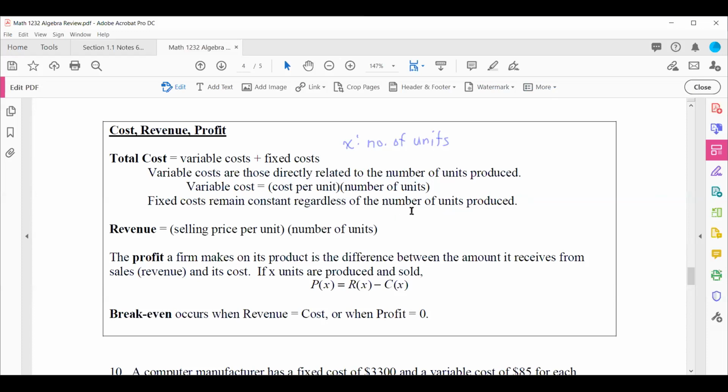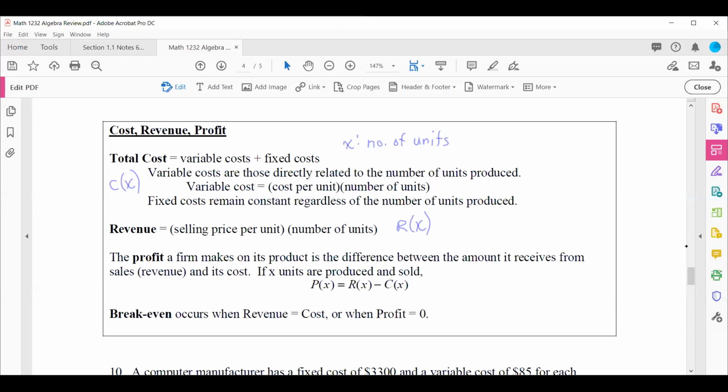That's the selling price per unit times the number of units. And then the profit, let me back up. We refer to the cost function as C of X. Cost is a function of X. And the revenue is R of X. And then the profit, which is why most companies are in business, is the difference between the revenue and the cost. So it's revenue minus cost.